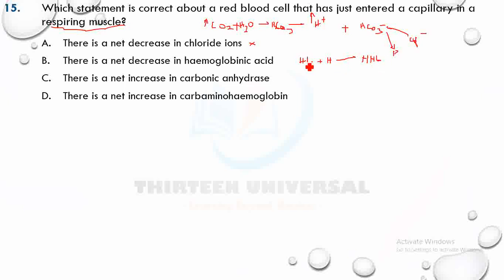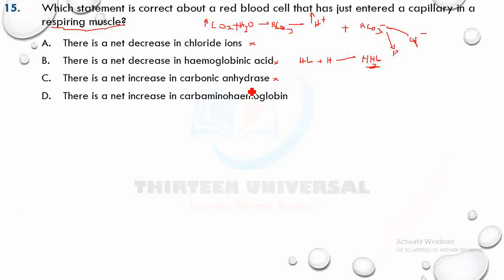So there will not be a decrease, there's going to be an increase. So this is wrong. C says there is a net increase in carbonic anhydrase. Carbonic anhydrase is the enzyme that catalyzes this reaction to and fro, combining this to form carbonic acid and eventually bringing it out. So it remains the same, it doesn't increase.